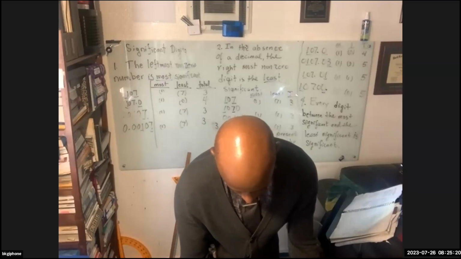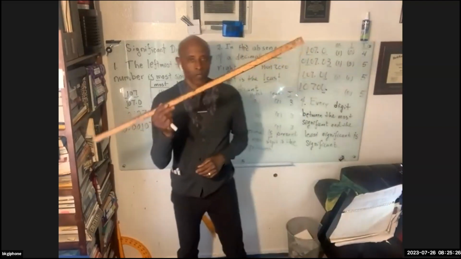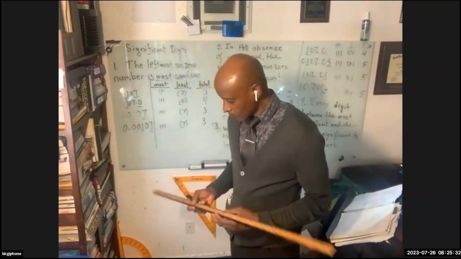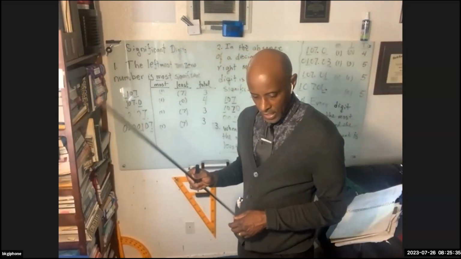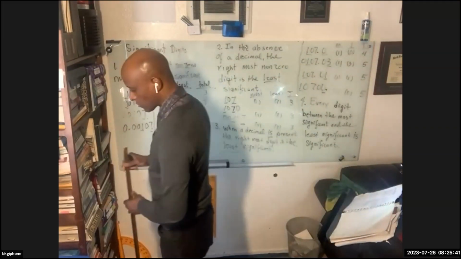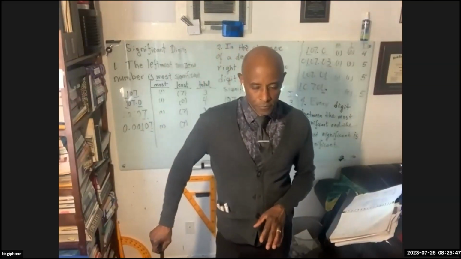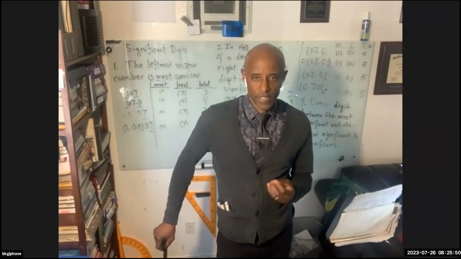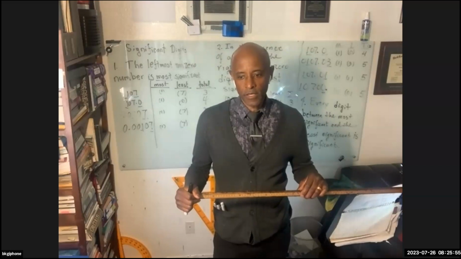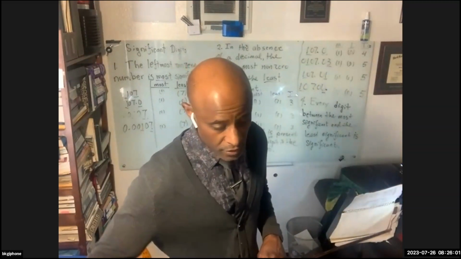When you're making a measurement, that is, from using a device like a meter stick or whatever. So when you're making a measurement, let's use a meter stick as a basic example. There's a general rule that something called the least count determines how significant of a measurement you can make with a particular device.